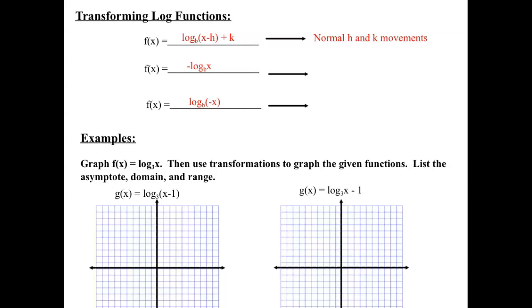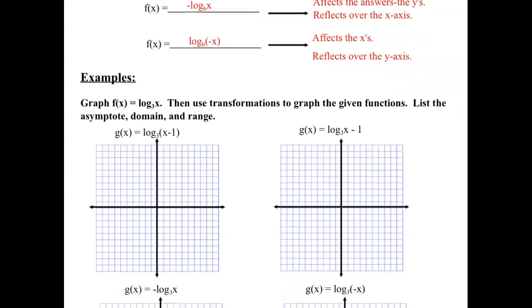If there's a negative in front of your log statement, it's going to affect your y values. It's a reflection over the x-axis. And if we put the negative inside with x, it's a reflection over the y-axis. It's changing our x values. All right, so I'm just going to pause the video for a second, let you write that down.